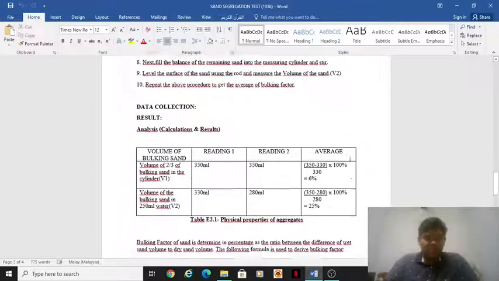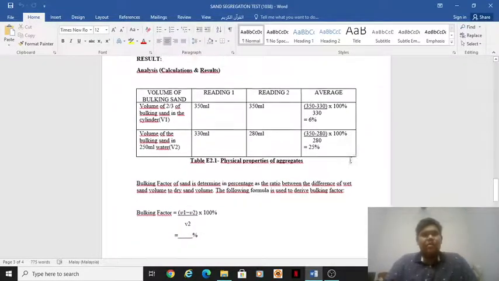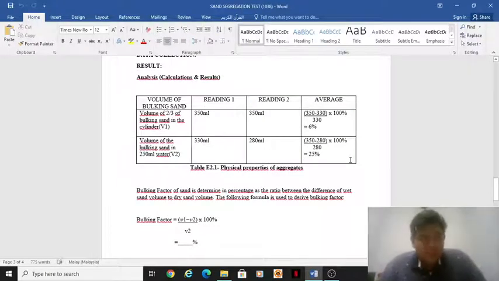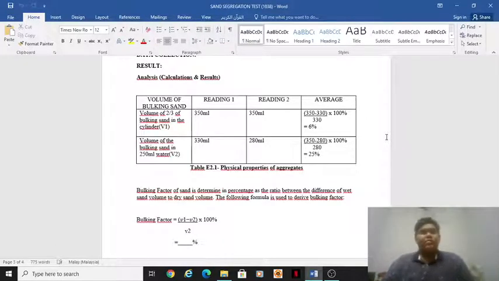So this is my data collection and result. For the volume of bulking sand, for V1, the first reading I get is 350 millimeters, and for V2 I get 330 millimeters.